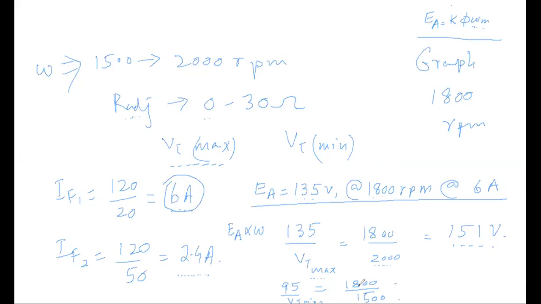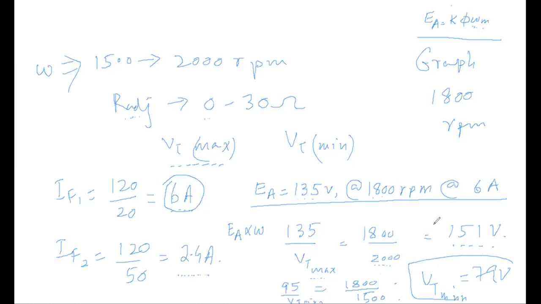When at 1800 the field is 2.4, the EA value was 95, and at 1500 when again the IF value was 2.4, that means phi 1 and phi 2 would cancel because both are investigated at 2.4 amperes. So I can find the value of my VT min, and my VT min comes out to be 79 volts.